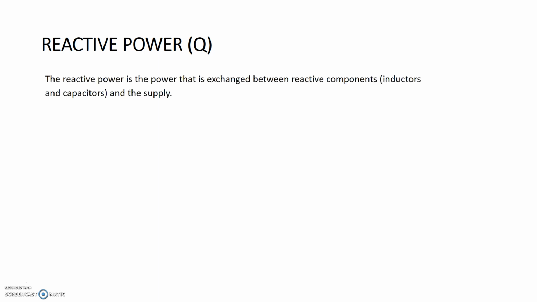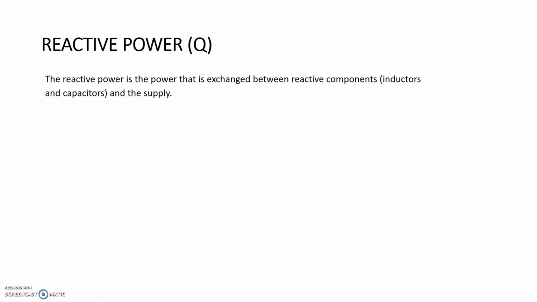The symbol for reactive power is Q. It is the power that's exchanged between reactive components like an inductor or a capacitor and the power supply. So energy comes in, energy gets transferred back from an inductor to the power supply, and so forth. Whatever power is exchanged between a reactive component and the power supply is called reactive power.